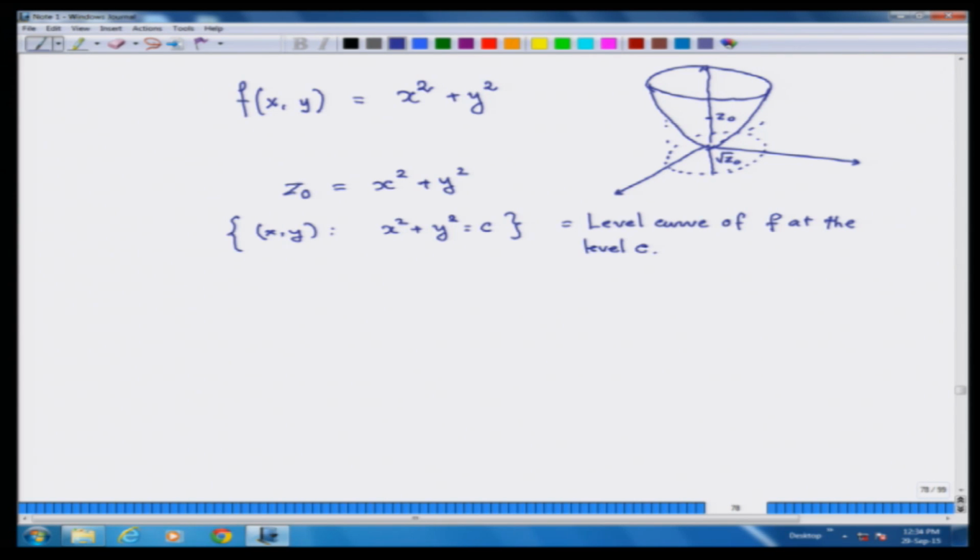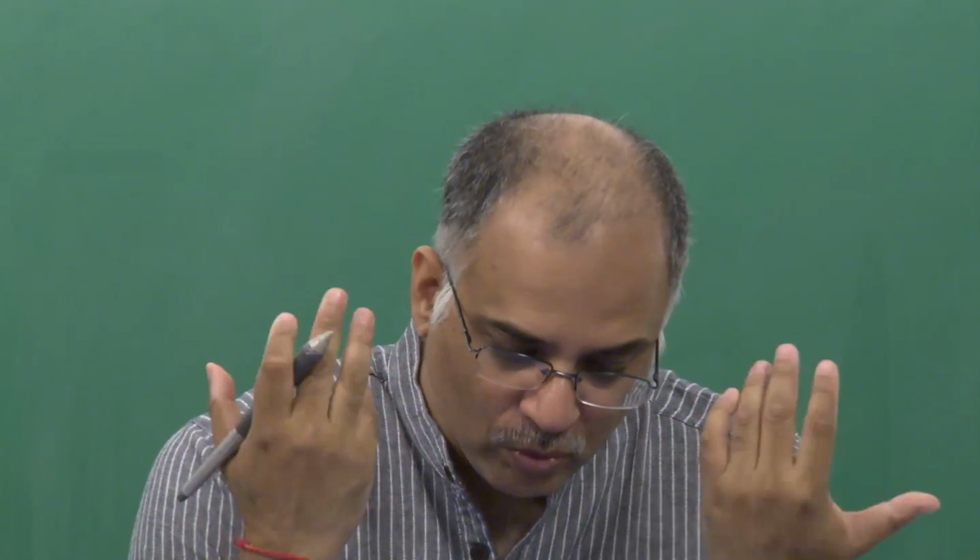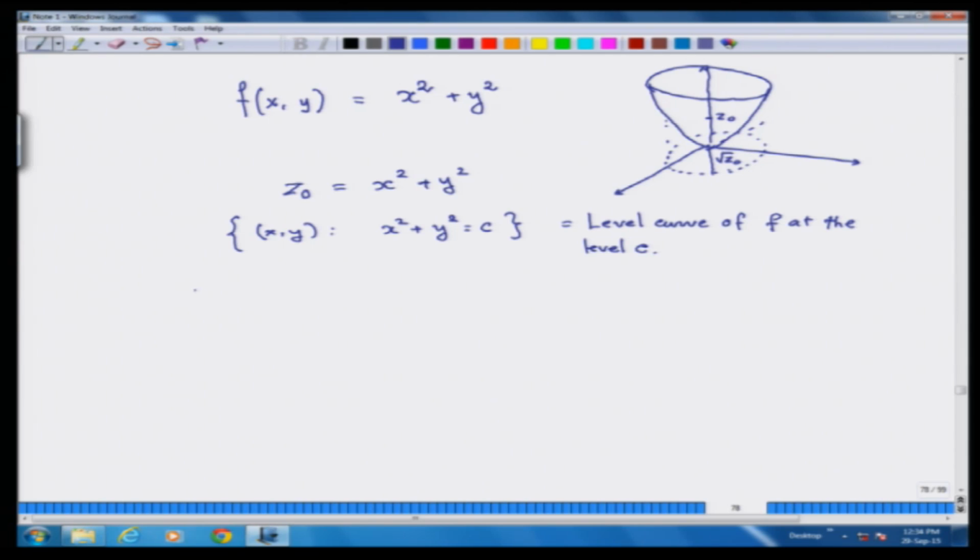Here for example, it does not matter whatever x y I put in, I can actually compute x square plus y square, and the values that I will get are only positive quantities. So, in this case we will write that the domain of f for this particular function is the whole of the plane R2.